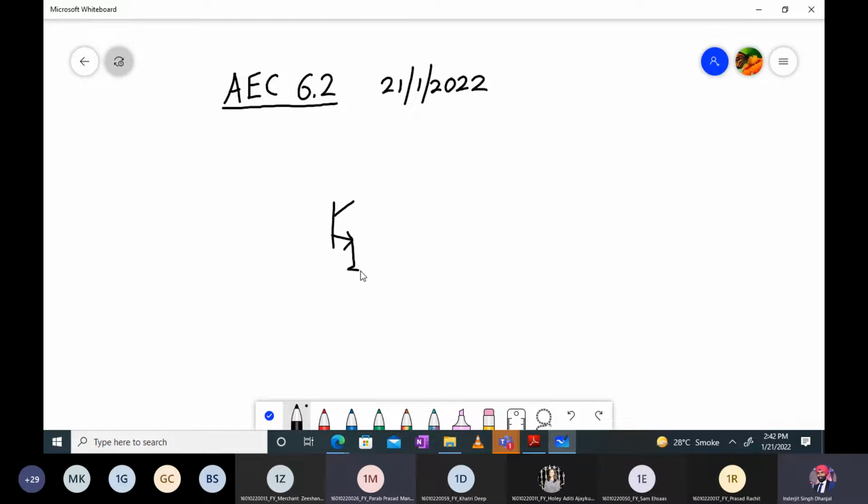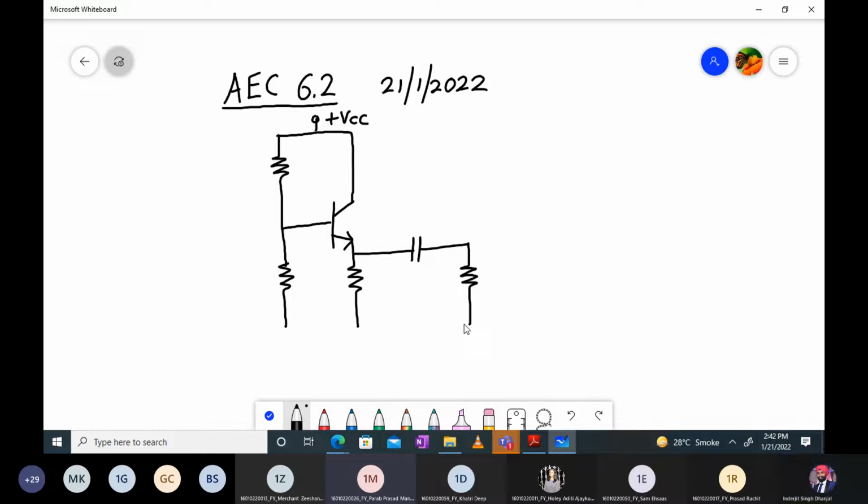So here we have a resistor. We have R1 over here. Here we have R2. Then the collector terminal is directly connected to VCC. Okay, here we have plus VCC. Then the output is taken from the emitter terminal. And then we have a load RL.